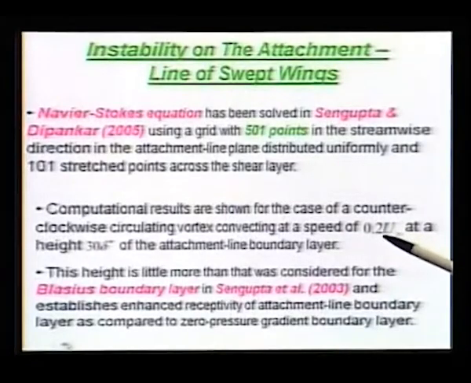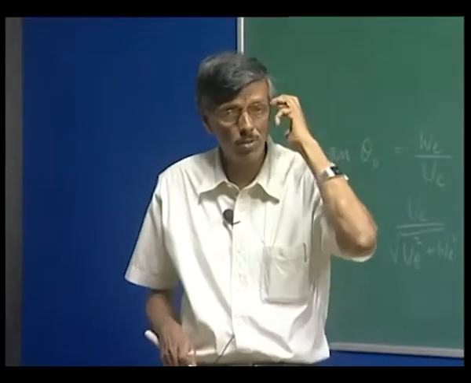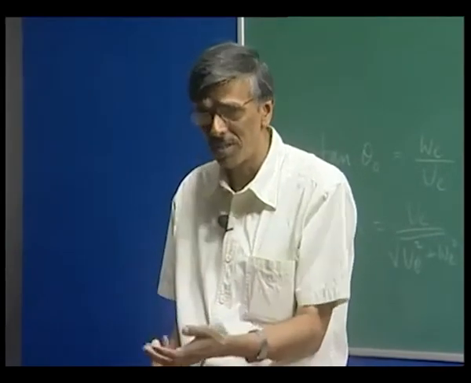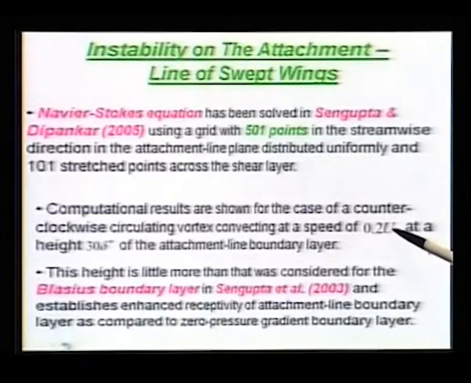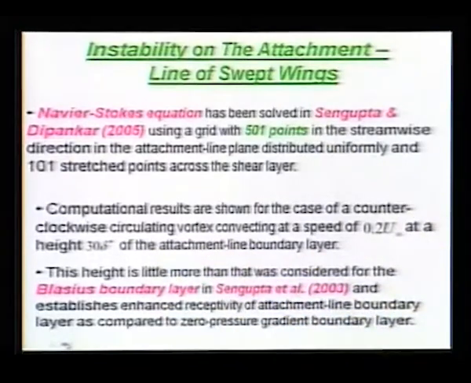I will show you some results, one can do any number of calculations. There were these two papers that we talked about. One was in Computers and Fluids, where we reported the computational results, and this JFM paper, where we talked about the physical mechanism. In those publications you would see there are many cases computed, but I will just show you one particular case of convection speed of about 20% with respect to the free stream, and the height of this vortex is about 30 delta star.